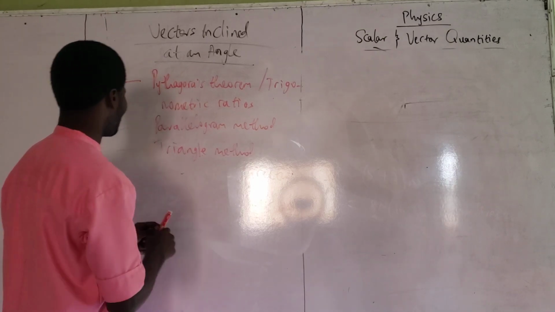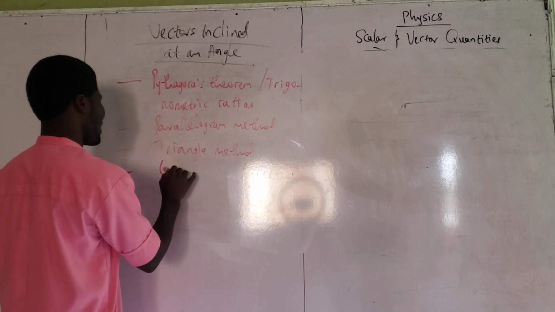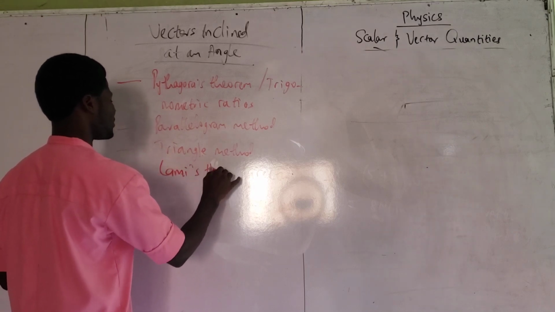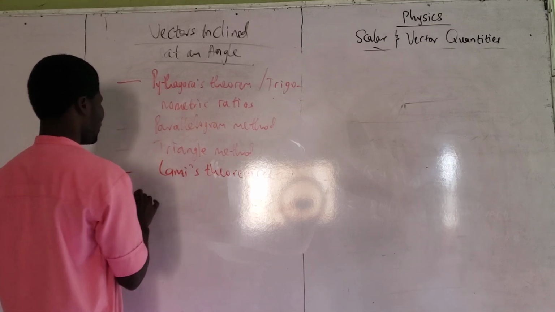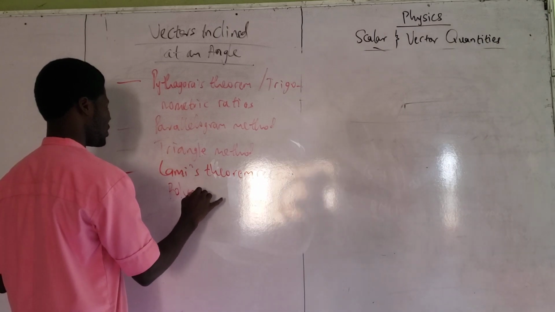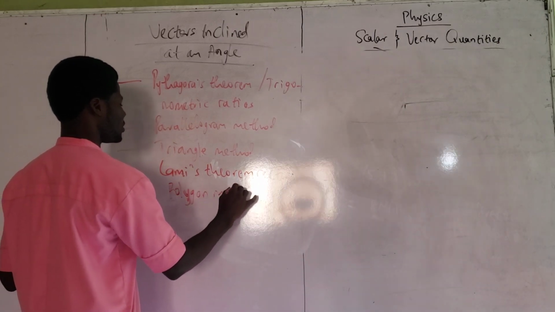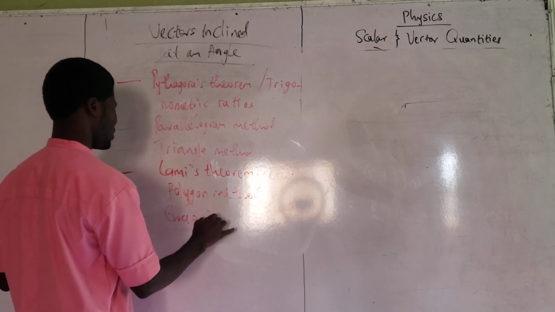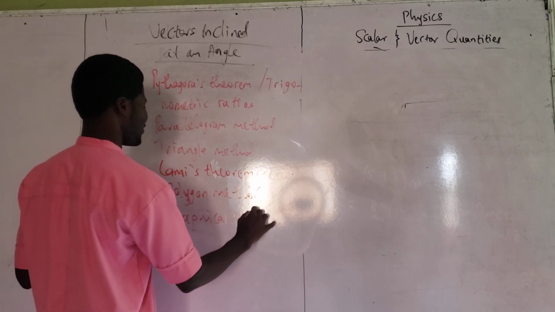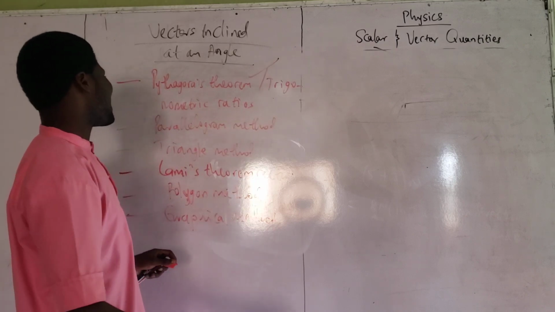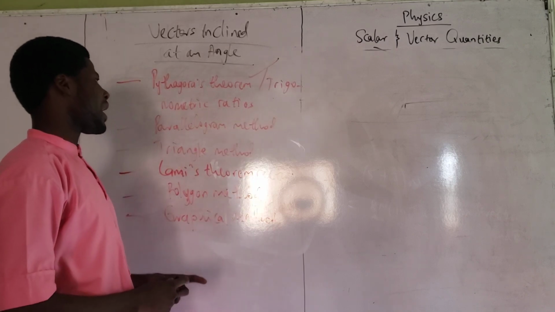We have Lami's theorem. We have the polygon method, the one some people also call the graphical method.